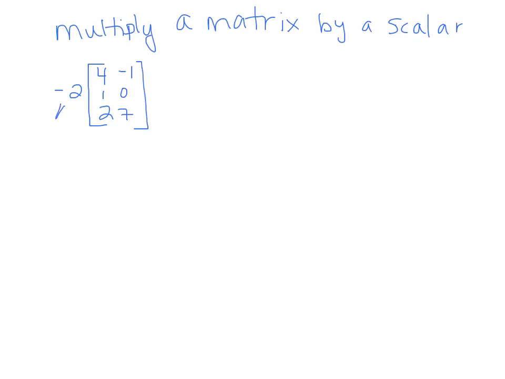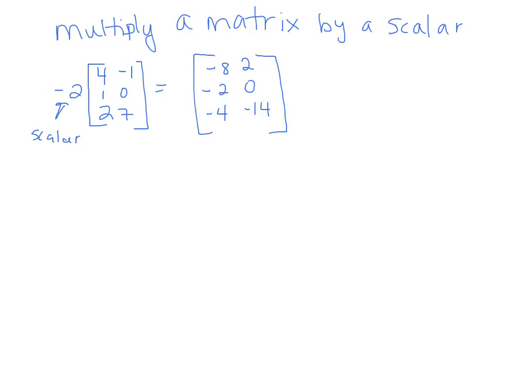This guy here is a scalar. You can see he's called a scalar because he's not in a matrix. So all we do is distribute him to every single one of the numbers. So the 4 is going to become a -8. The -1 is going to become a +2. The 1 is going to turn into a -2. 0 stays a 0. 2 turns into a -4. And 7 turns into a -14. So we just multiplied every single number by -2.